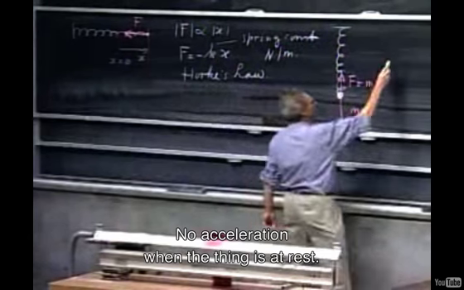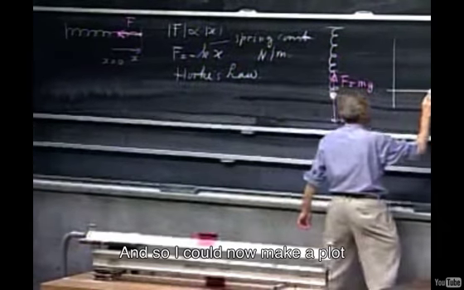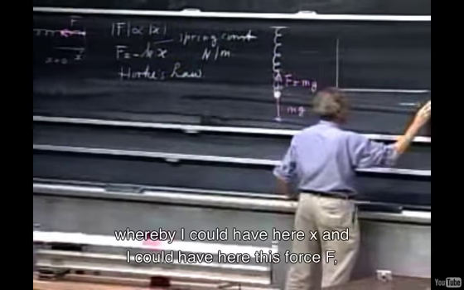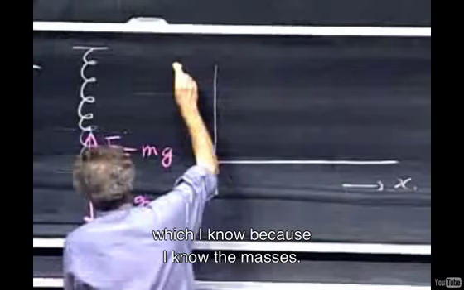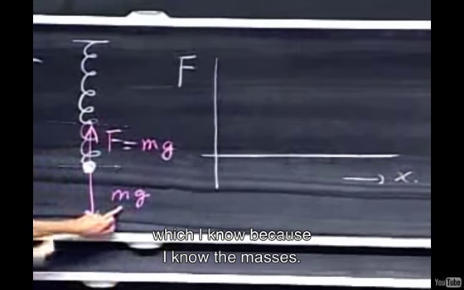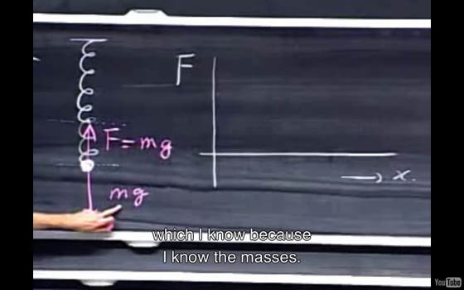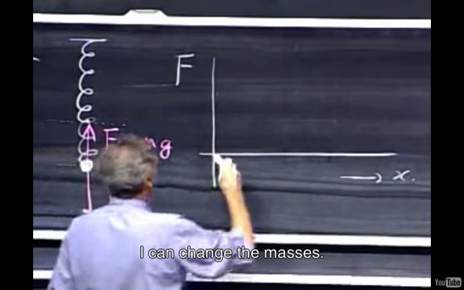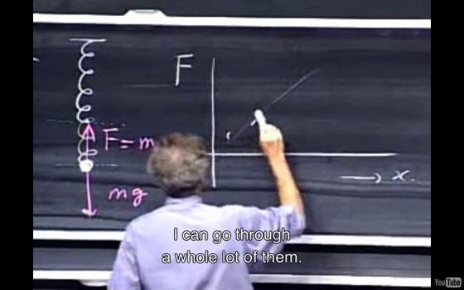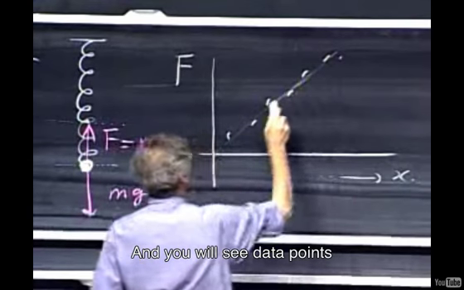And so I could now make a plot whereby I could have here x, and here this force F, which I know because I know the masses. I can change the masses. I can go through a whole lot of them. And you will see data points which scatter around a straight line.